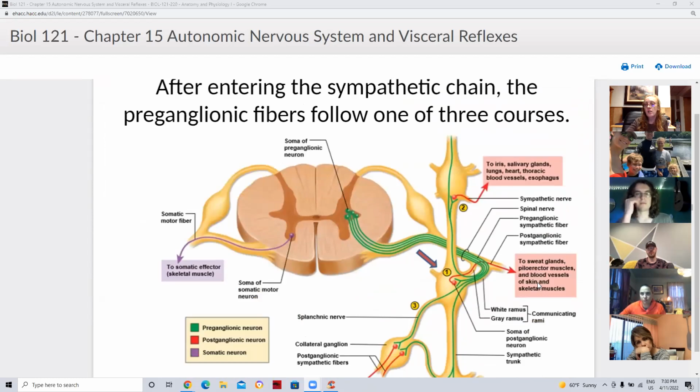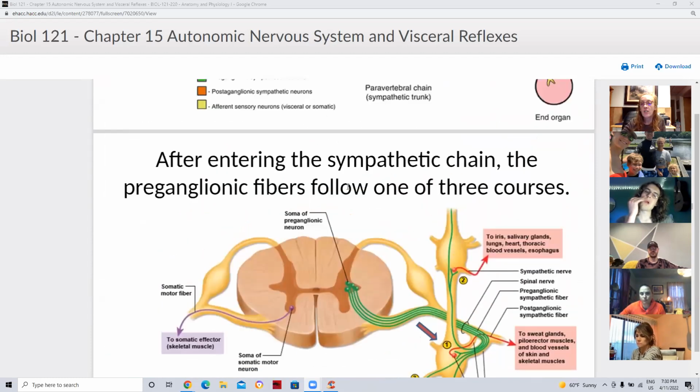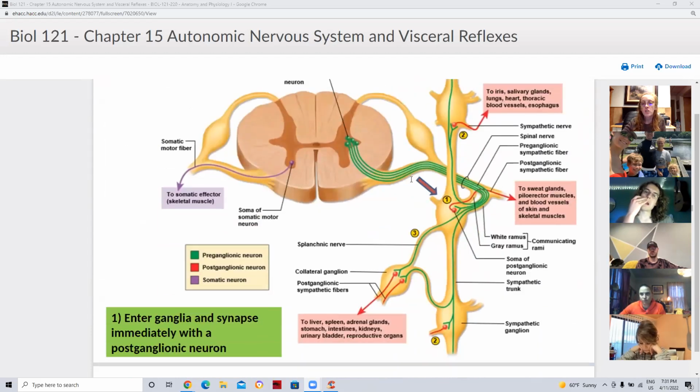After the preganglionic fibers come in via the white rami communicantes and enter the sympathetic chain ganglion, they can go one of three courses. The first one is that they can enter the ganglion.